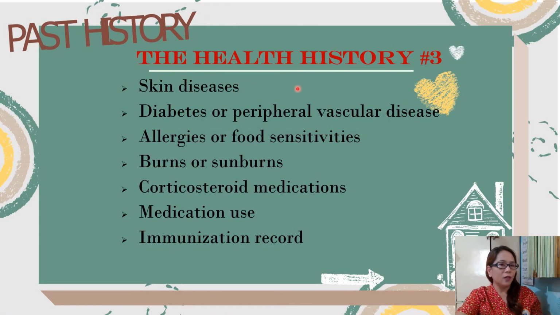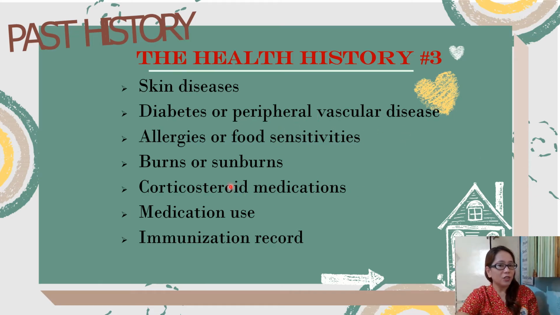Okay, so moving on to the health history. For the past history, you have to assess for the skin diseases. You may ask the client, do you have any skin diseases such as melanoma, eczema, psoriasis, etc.? Of course, when you ask those questions, remember to pose per disease. Do you have diabetes or peripheral vascular disease?